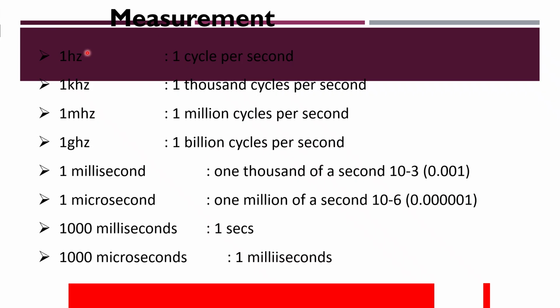Again, 1 millisecond is one thousandth of a second, 10 to the power of minus 3, and 1 microsecond is one millionth of a second, 10 to the power of minus 6. 1000 milliseconds is 1 second, and 1000 microseconds is 1 millisecond. You understand how this comes?